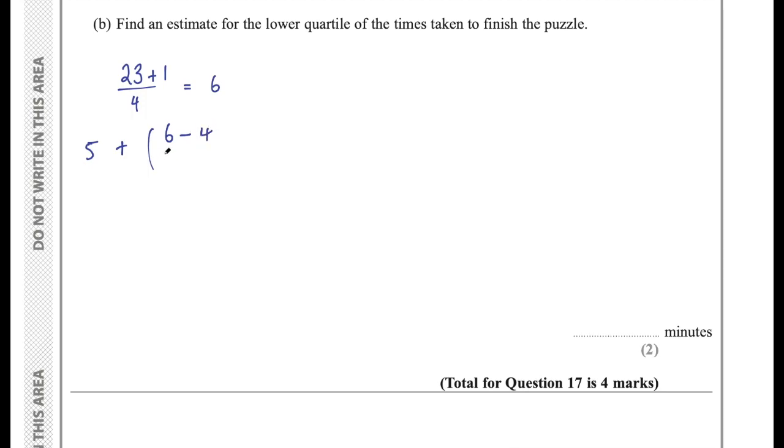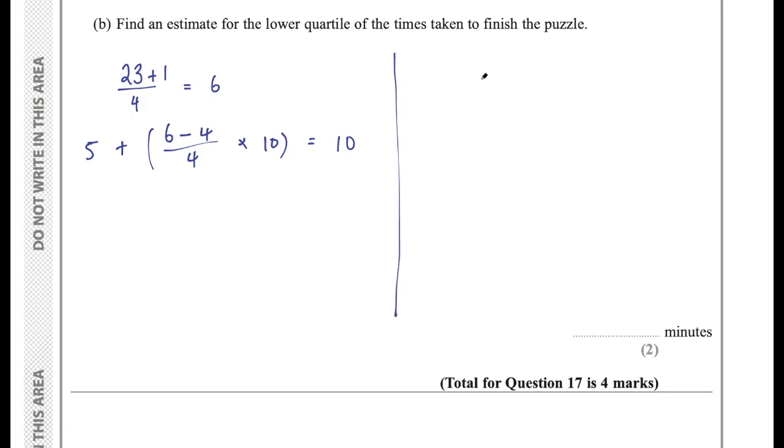So take 4, divide it by the number of students in that interval, and multiply it by the width of that class interval, which was 10 minutes. So you're basically taking a fraction of that interval. This was a half of 10. So we did 5 plus 5, which was 10 minutes. Okay, that's the first answer.